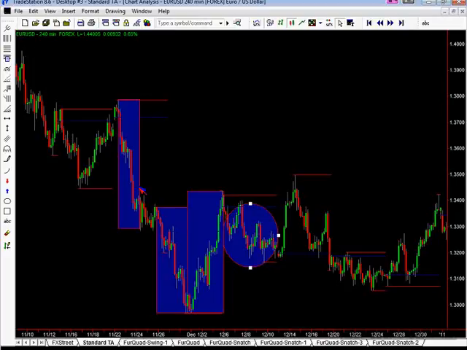Can we see the difference? There is a very significant visual difference between the type of price activity. Yes, price is moving in the circled area, price is moving up and down in a similar way, but we're not seeing that same strong thrusting price movement.